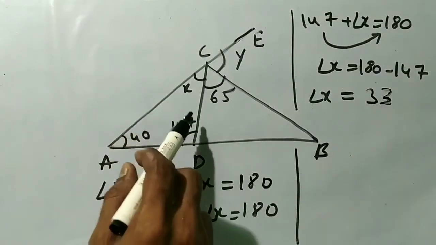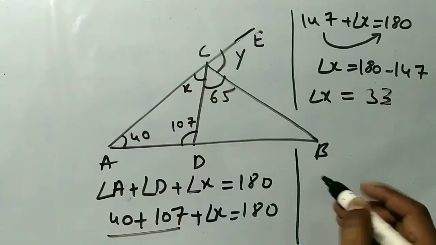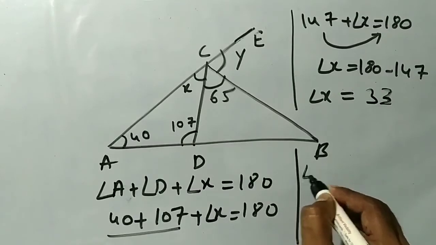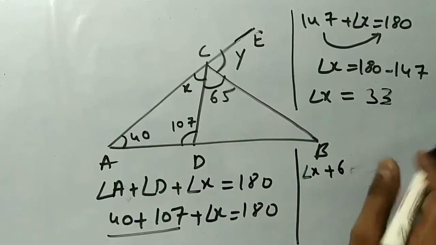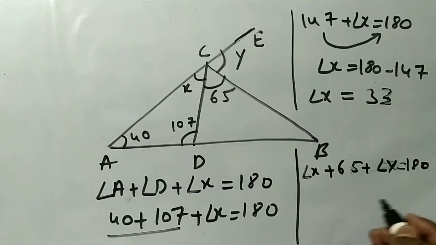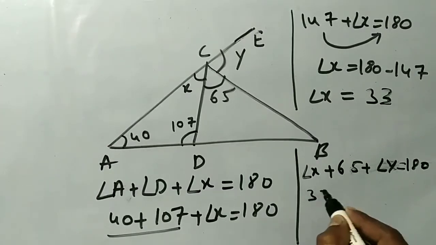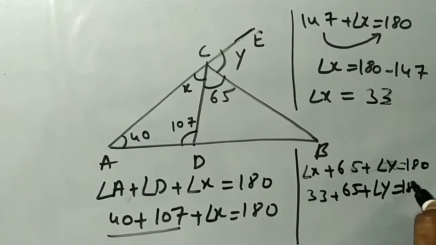So we got this one, and we can easily find the y value. So let us consider here angle x plus 65 plus angle y is equal to 180. We know x here is 33, plus 65, plus we don't know y, is equal to 180.